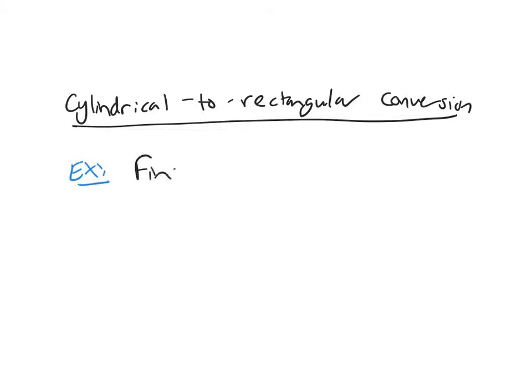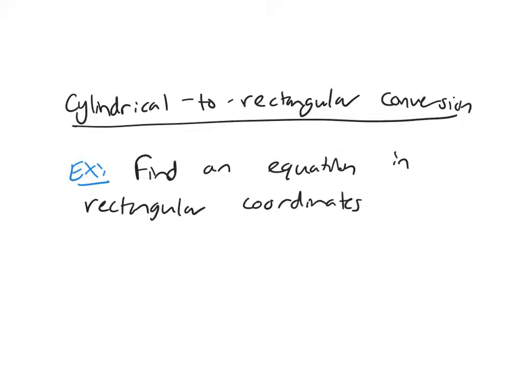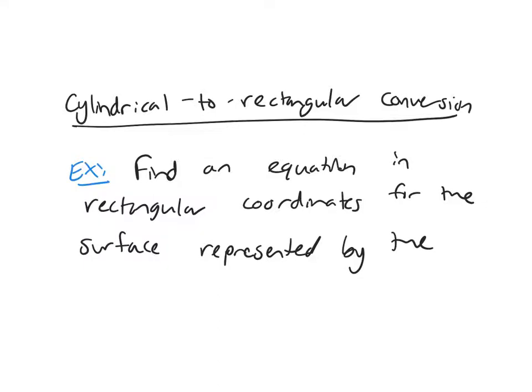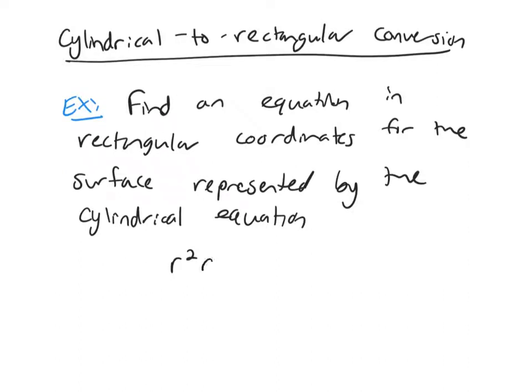I want us to find an equation in rectangular coordinates for the surface represented by the cylindrical equation r squared cosine of 2 theta plus z squared plus 1 equals 0.